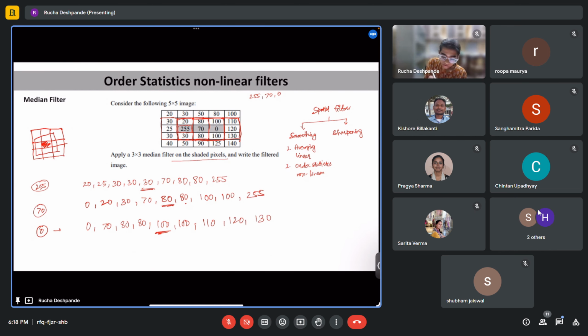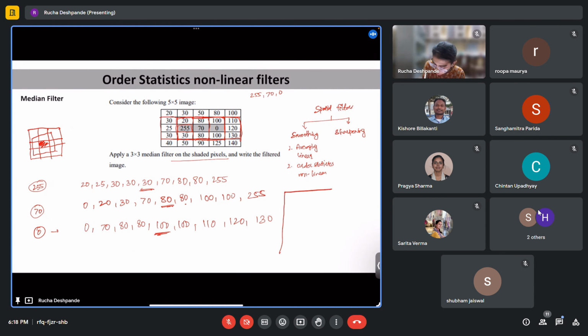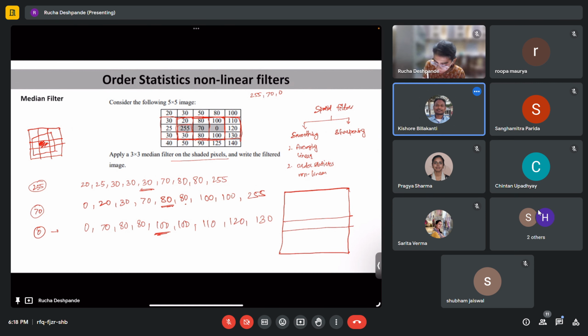No, these older values will be replaced by medians. It wouldn't be an average. So we calculated it for 3 pixels, and we will replace 3 pixels. So instead of 255, we'll add 30, and then 70 becomes 80, and then 0 becomes 80.